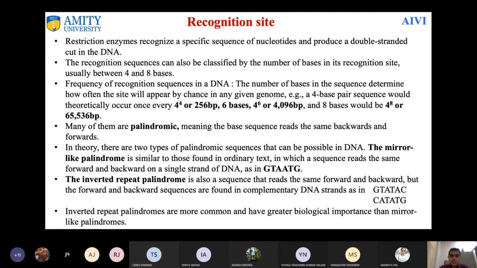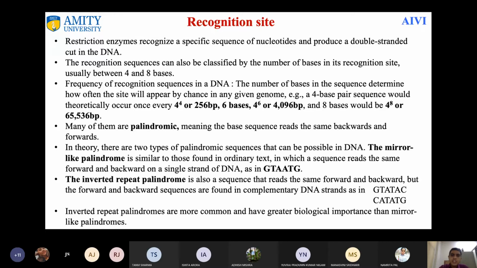Palindrome means read the same: whatever you are reading left to right or right to left, both are going to be the same. Like if you read A from left to right, it is going to be A, and if you read from right to left, it is also A.